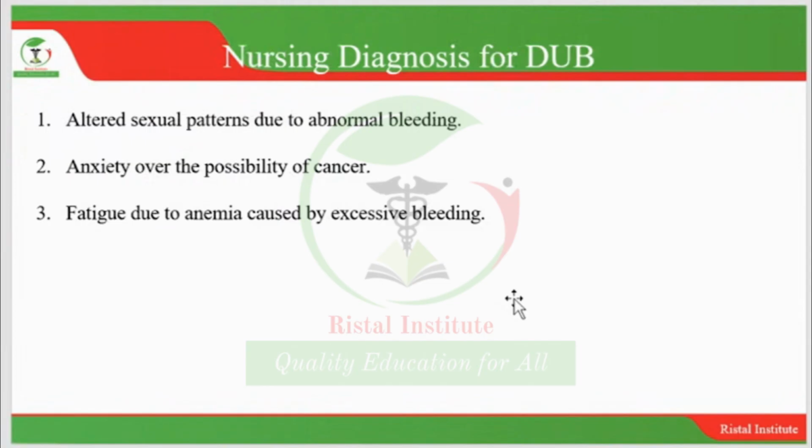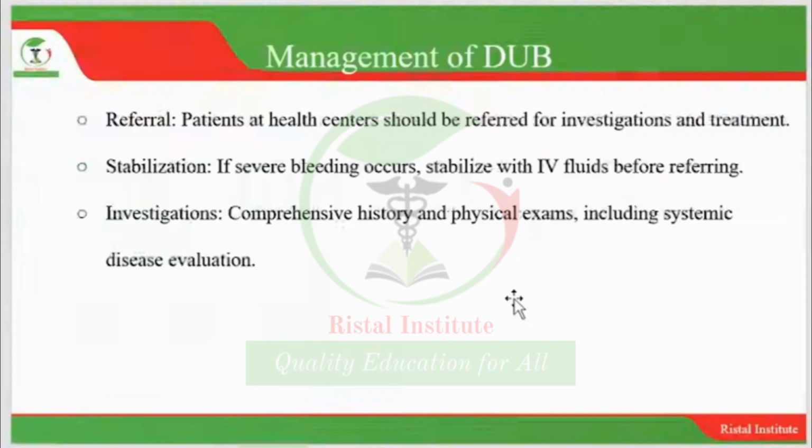Nursing diagnosis for DUB. Diagnosis like altered sexual patterns due to abnormal bleeding, anxiety over the possibility of cancer, fatigue due to anemia caused by excessive bleeding. Management of DUB, referral.